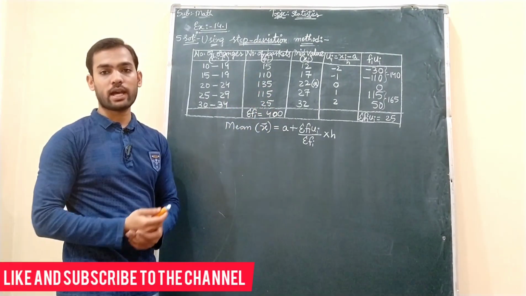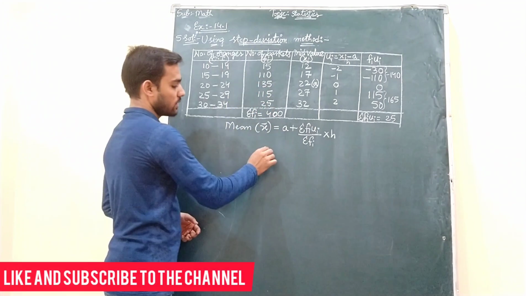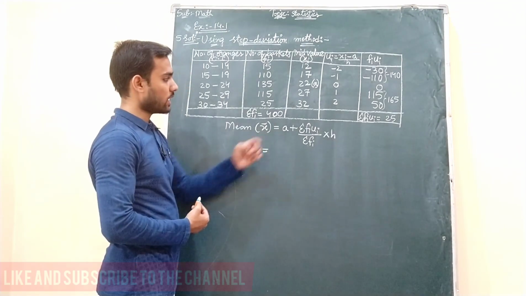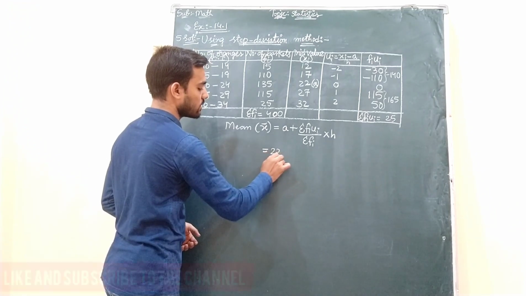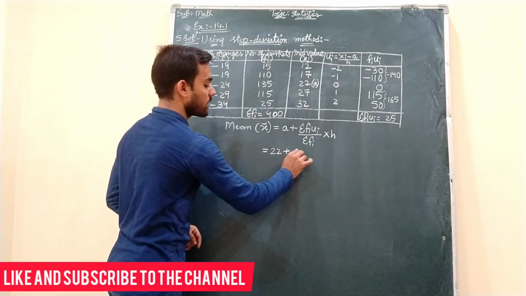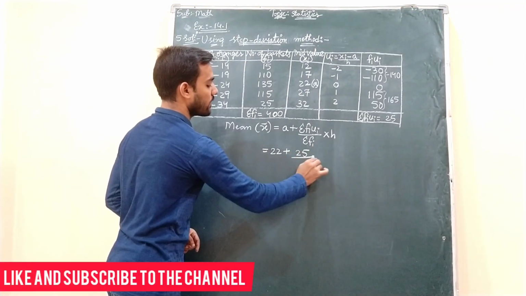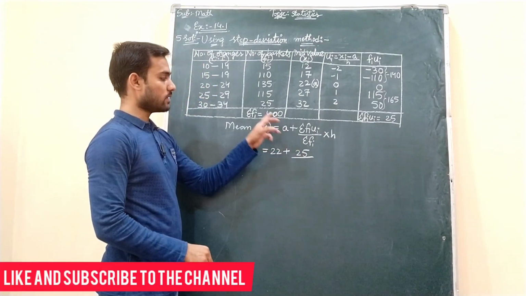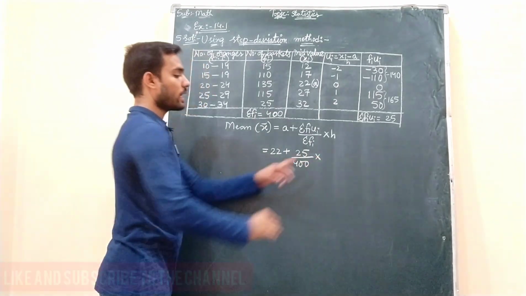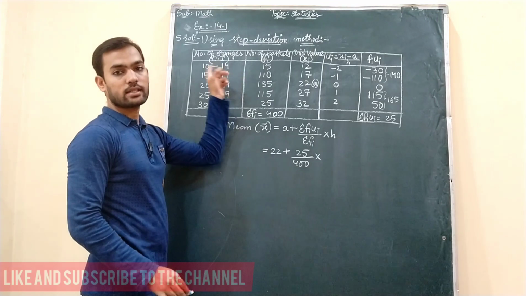So sigma Fi value is 400. Now students, we will substitute the values. A value is 22 plus sigma Fi Ui we got as 25 divided by sigma Fi 400 into H.